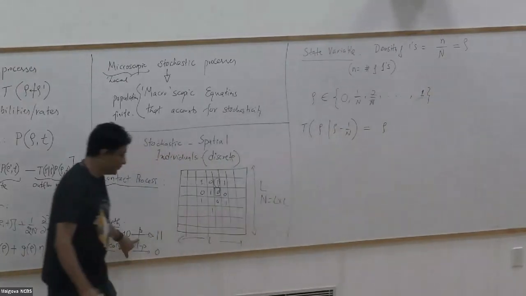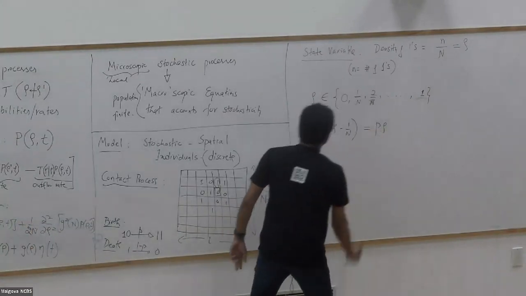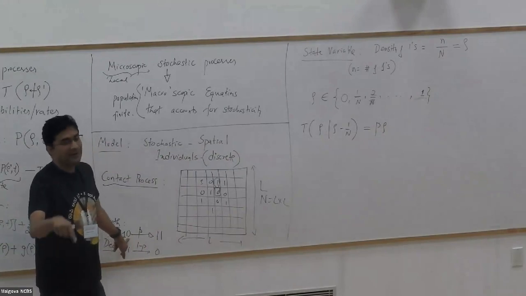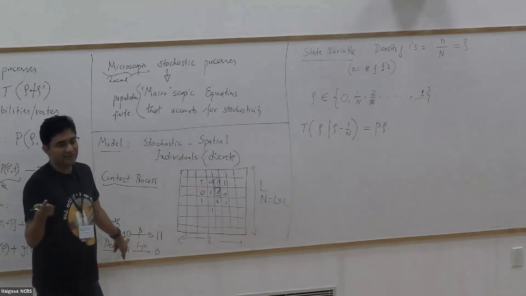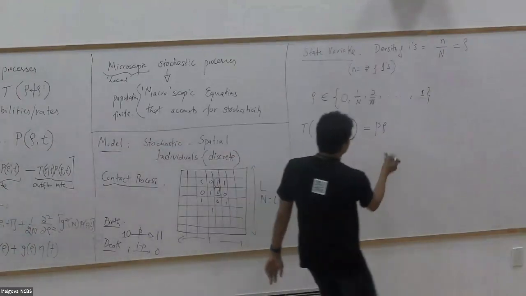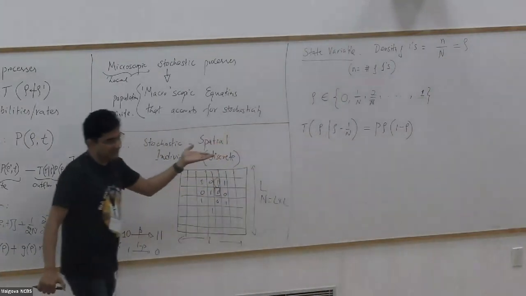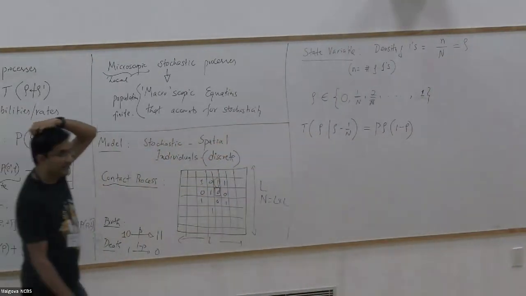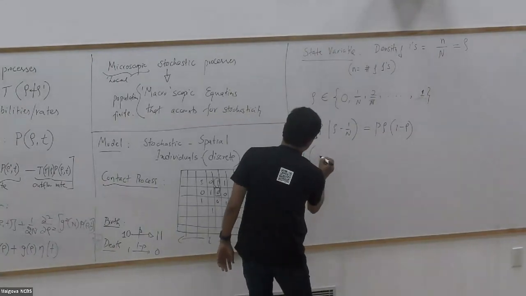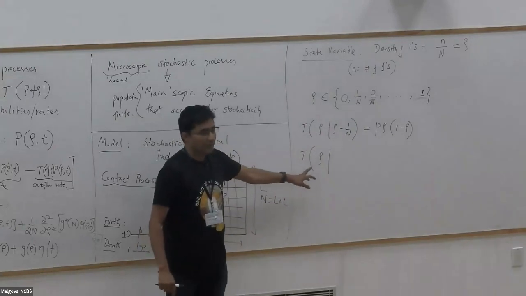And then I have to choose to reproduce, which would be p. And then I have to also find a neighbor who is unoccupied. What is the probability of that event? 1 minus rho. You all agree with this? Is this clear? Okay. So now what other transition probabilities do I have to consider? What other way can I get to rho? Yes.